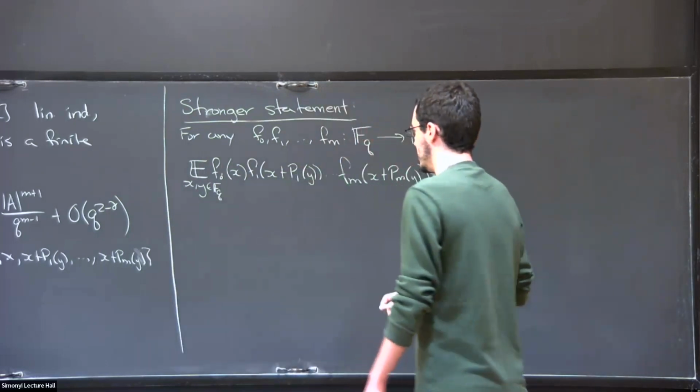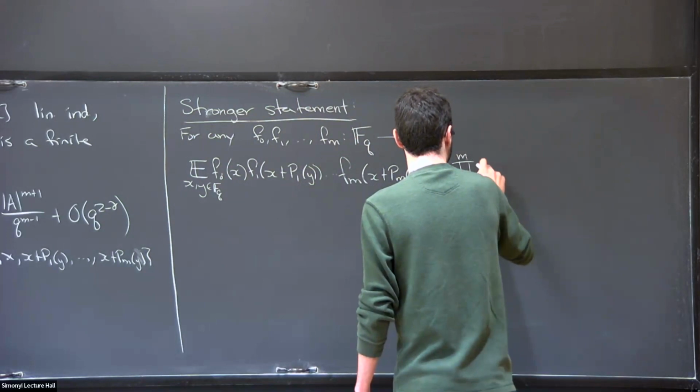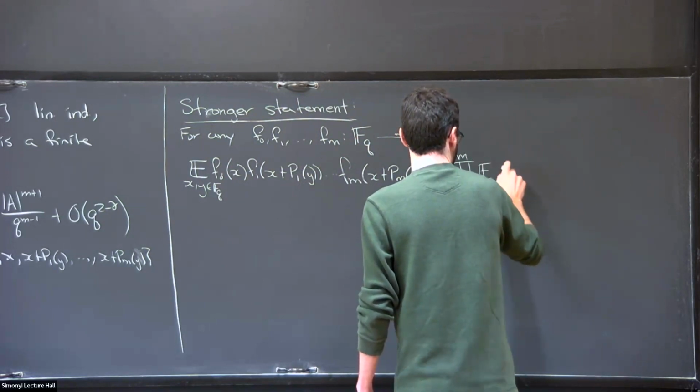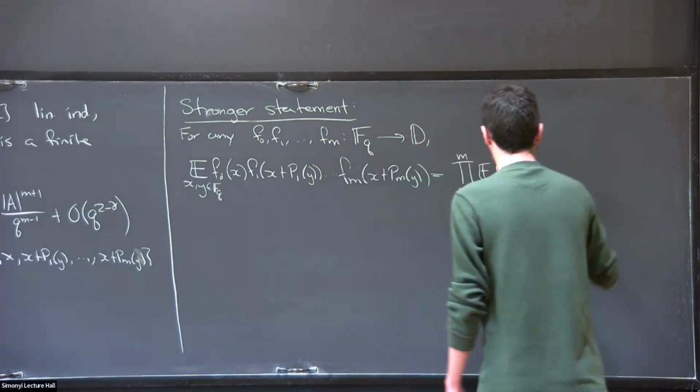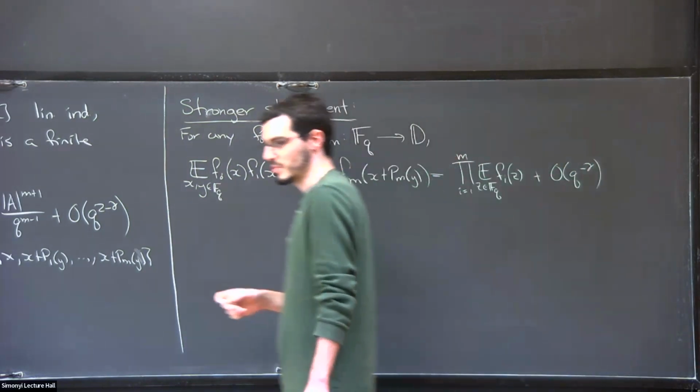The main term should be the product of the averages of all these different functions, and then with an error term of size q to the minus gamma.